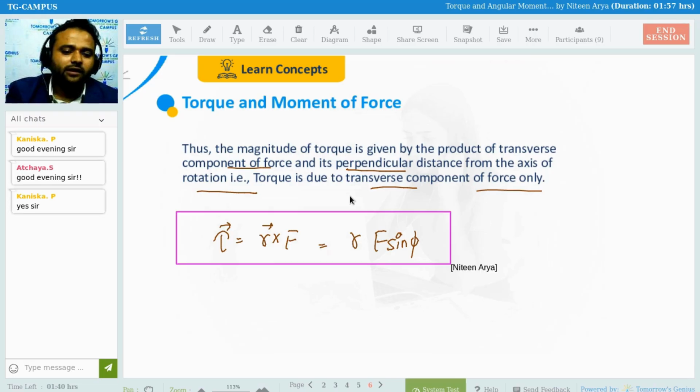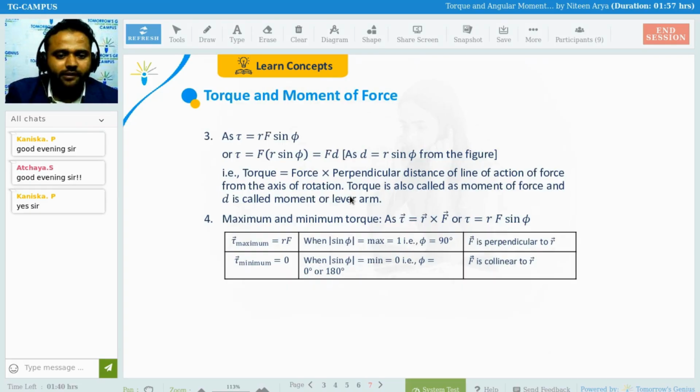That is why it is an important equation. Moving ahead, torque tau = R F sin phi and torque tau = R Fr sin phi. So you can represent it either this way or that way; it's our choice.